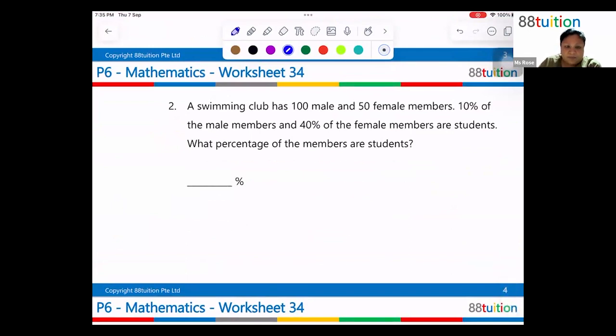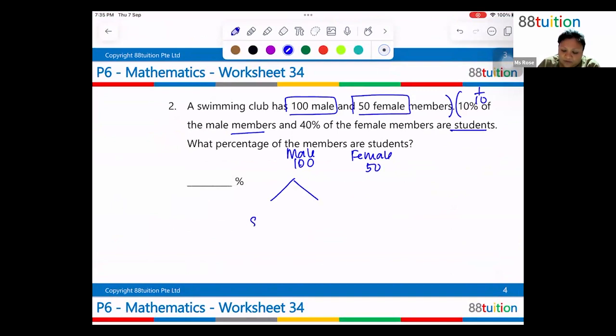Question number 2. The swimming club has 100 male and 50 female members. 10% or 1/10 of the male members are students. So I have to split it into students and non-students.